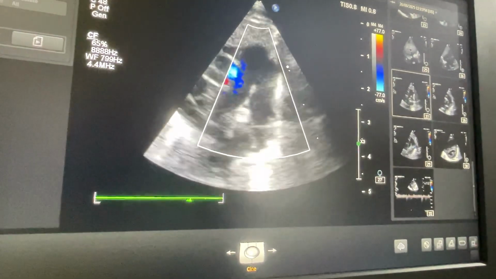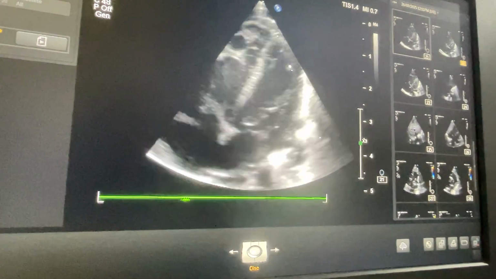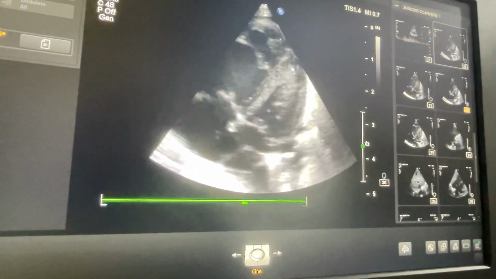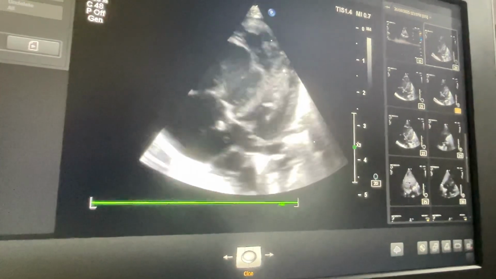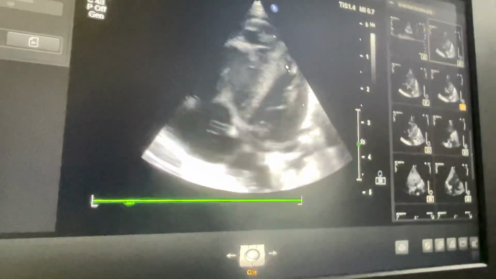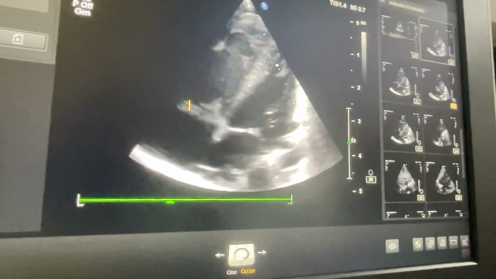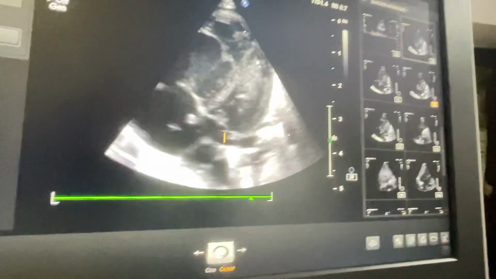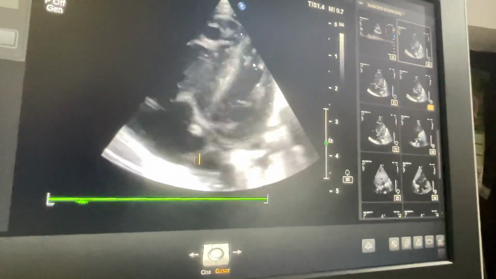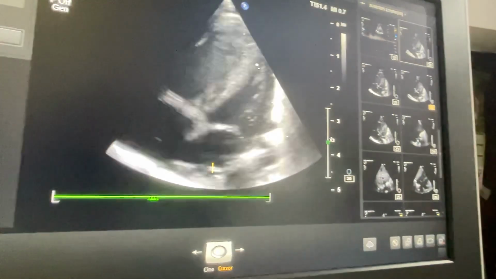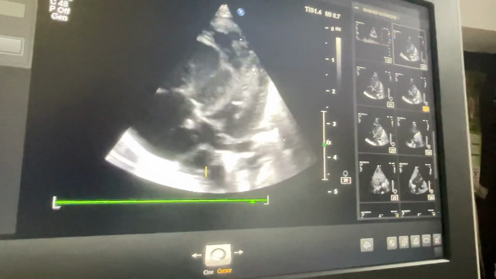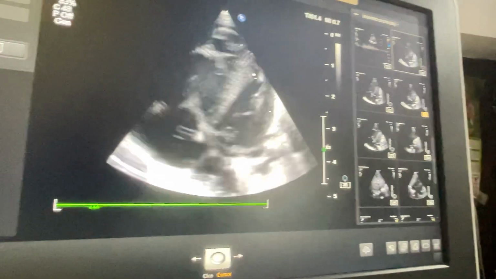So this is the case of total anomalous pulmonary venous connection of the infracardiac variety. Whenever you find the right atrium and right ventricle severely dilated, you are finding two chambers: one is this left atrium, and this is the pulmonary venous confluence, draining with a straight vein going inferiorly downwards and finally joining the portal vein.